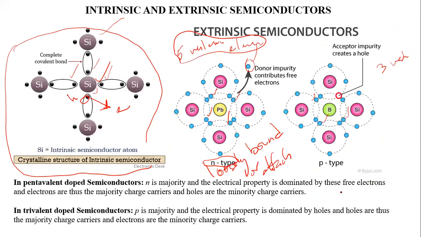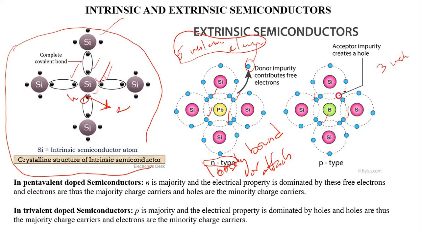So by inserting one trivalent atom, we are creating one hole here. If you insert 1000 trivalent atoms, you will have 1000 holes, which can contribute to electrical current by moving within the valence band.